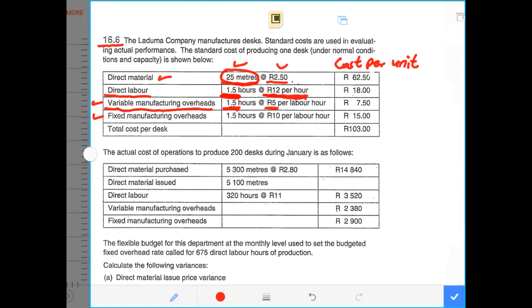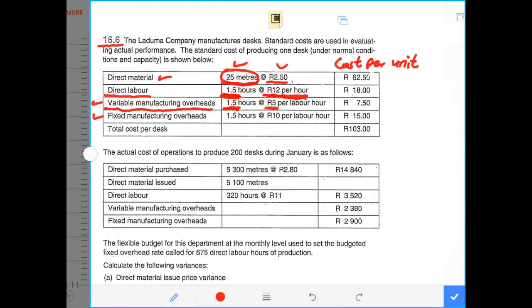That is why you see that the labor hours under the direct labor, which is 1.5 labor hours, is the same as the standard variable overhead hours, which is 1.5, and together with the fixed manufacturing overhead standard hours per unit, which is 1.5 hours, because our overheads, fixed and variable, are based on the direct labor hours. That means the base that is used to allocate the overheads, fixed and variable, is the direct labor hours.